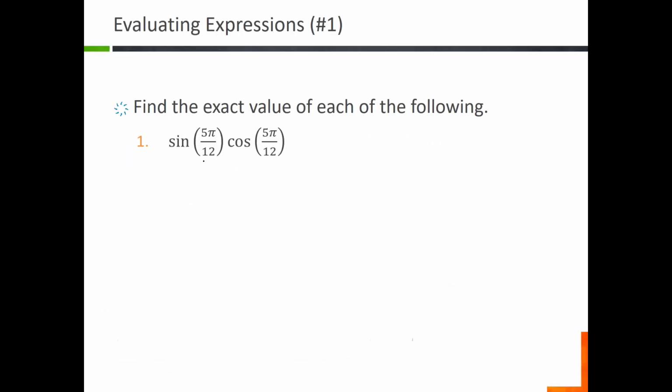So we're given sine of 5 pi over 12 times the cosine of 5 pi over 12. In the last lesson, we looked at how you could use the sum or the difference identities to rewrite 5 pi over 12, and we could do that here. So that's one option. We could also think of 5 pi over 12 as a half-angle identity.